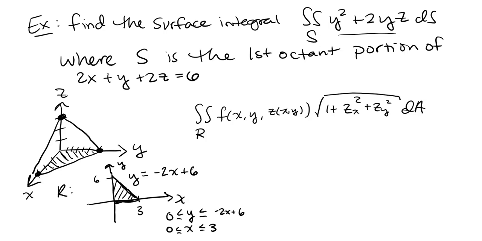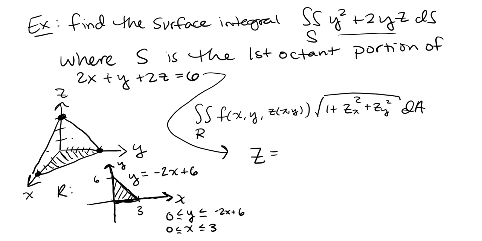Next, what we can do is take this plane and solve it for z. We could have solved it for one of the other variables instead, but then we would not have wanted R in the xy plane. We would have wanted it in one of the other planes, depending on which one we solved for. So which plane you choose depends on which variable you're choosing to be the function.